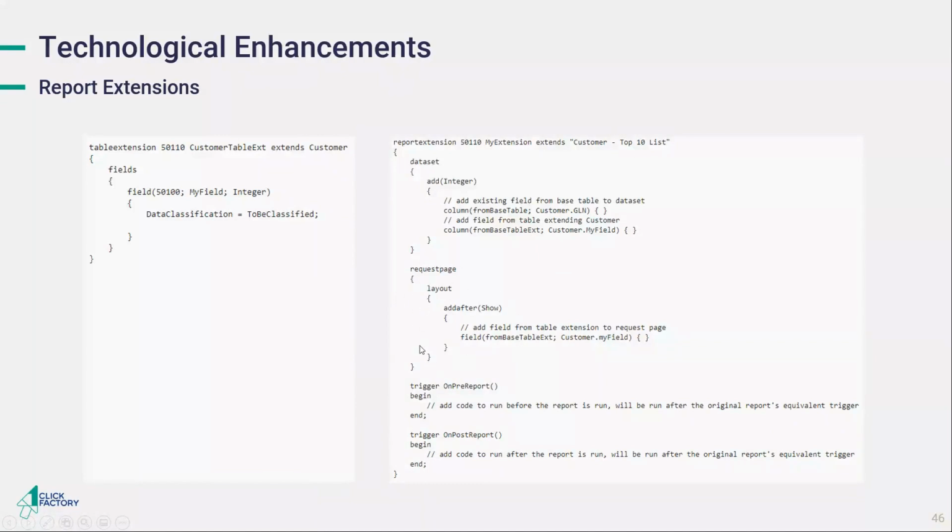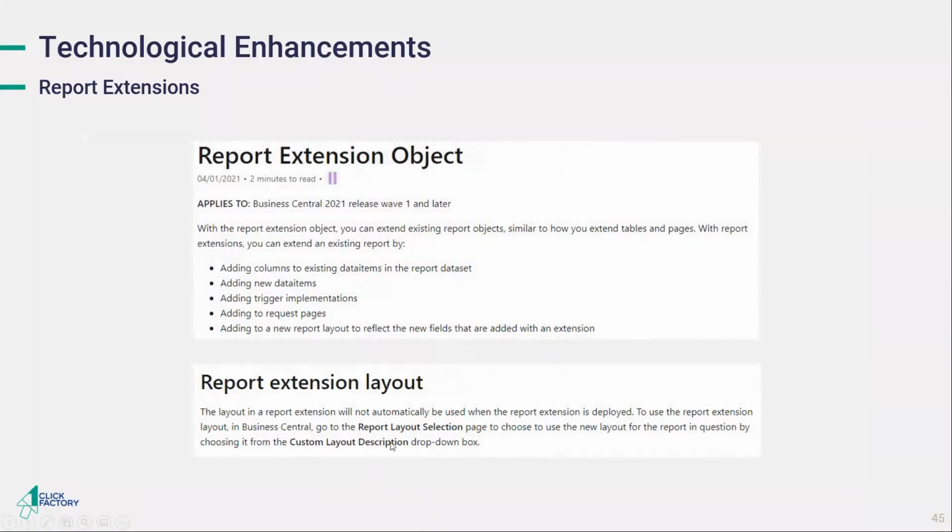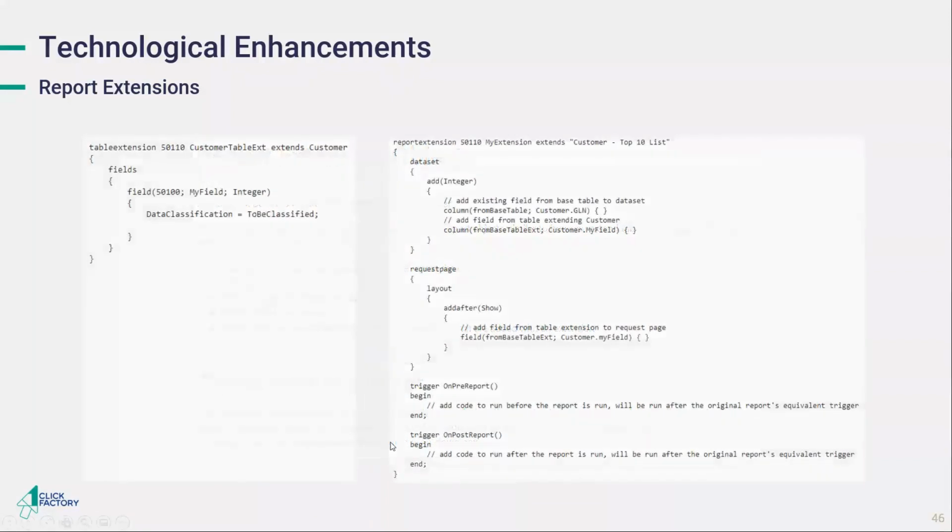You can add a field in the request page and add request page code and these two triggers, but nothing more is supported. Like I said, you can add something, and you can apply a custom layout, and you could already see from the base table extension columns which you can use in the layout.